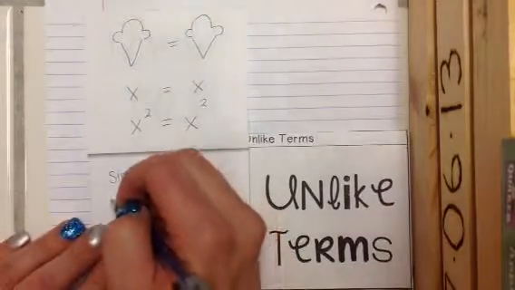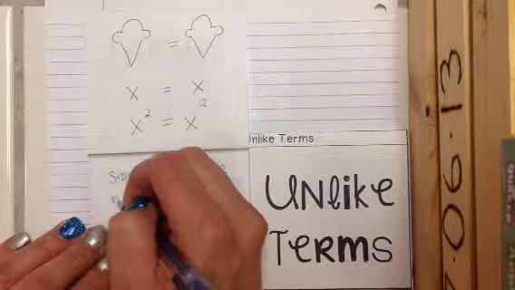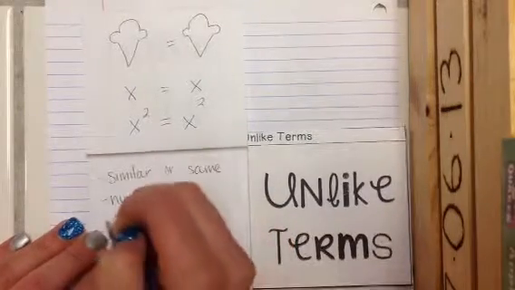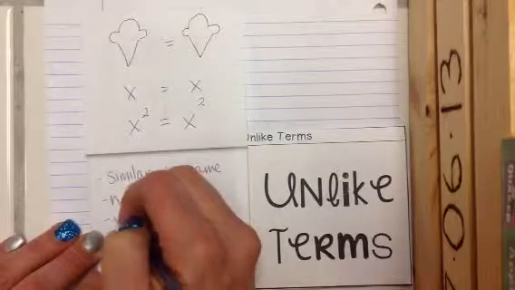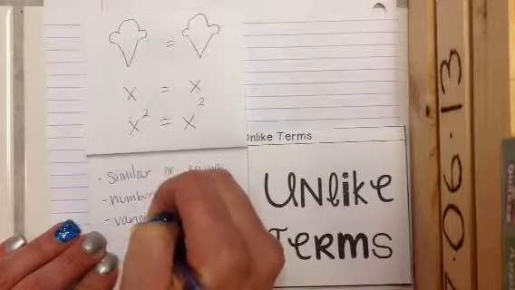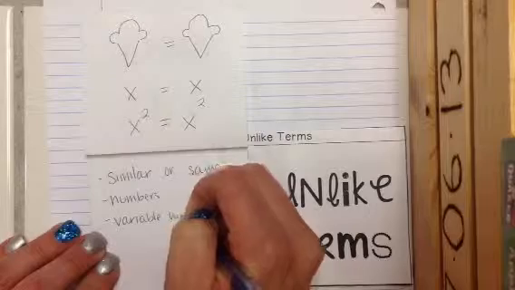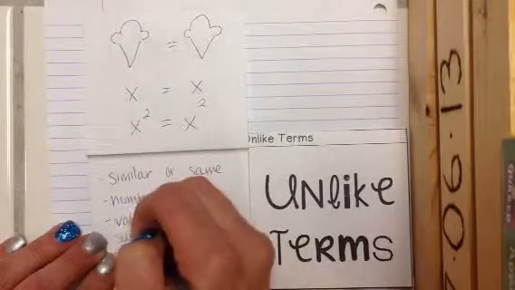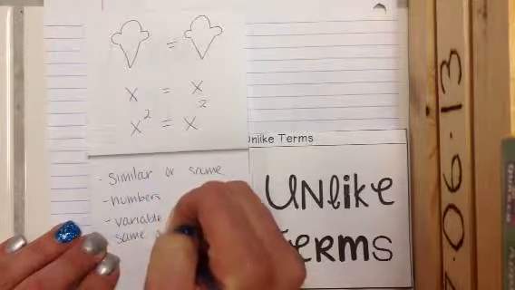They can be numbers, or they can be variables with the same power.